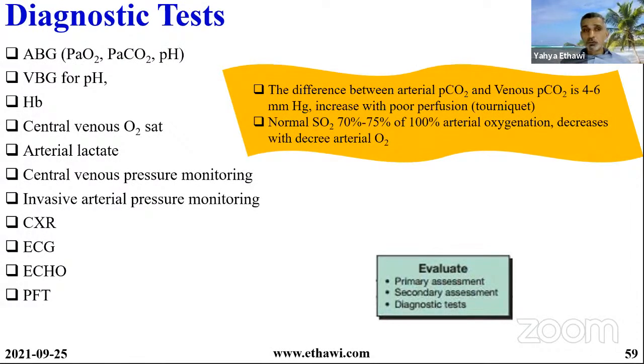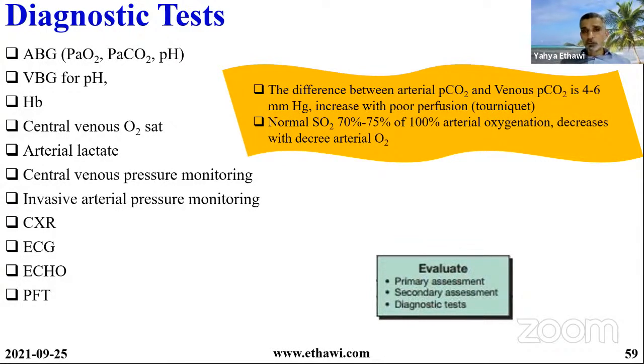Remember that when you do a venous sample and want to check the PCO2, there is a difference between arterial PCO2 and venous PCO2. We depend on the arterial. The difference is up to 10 millimeters of mercury, and of course the venous will increase when you use a tourniquet.